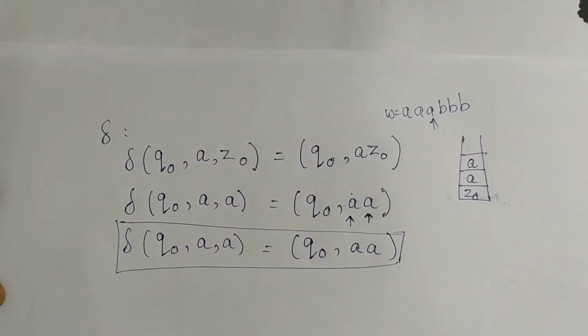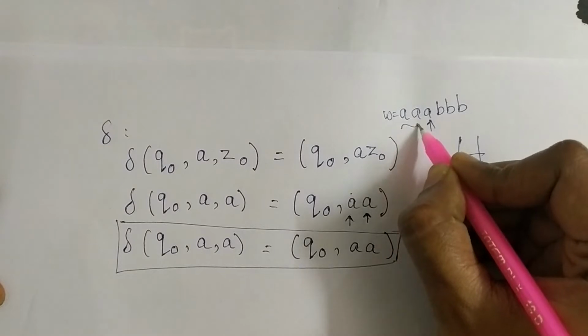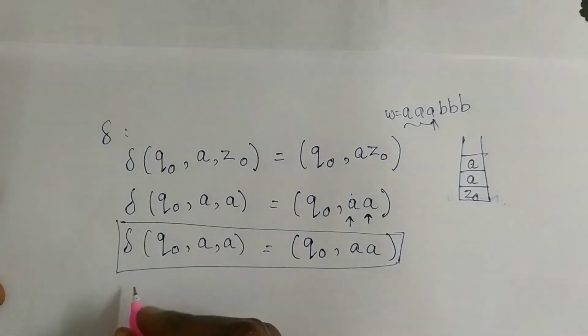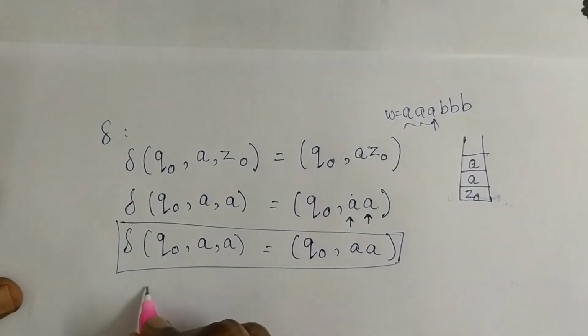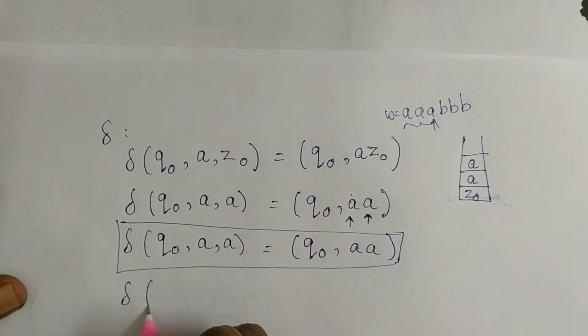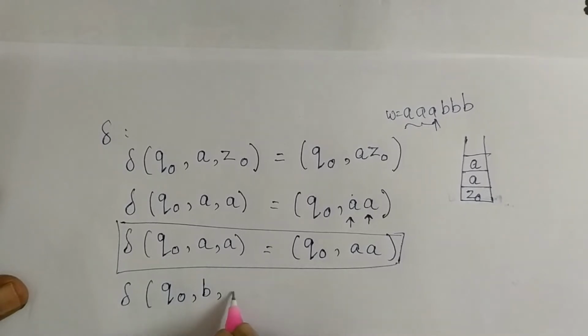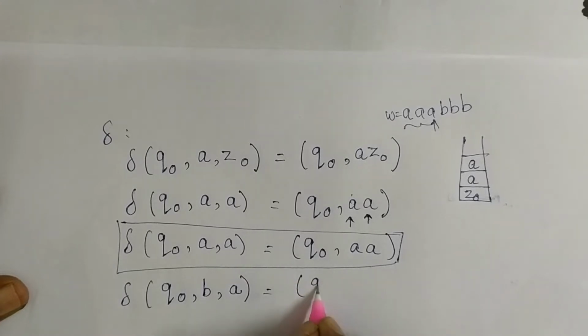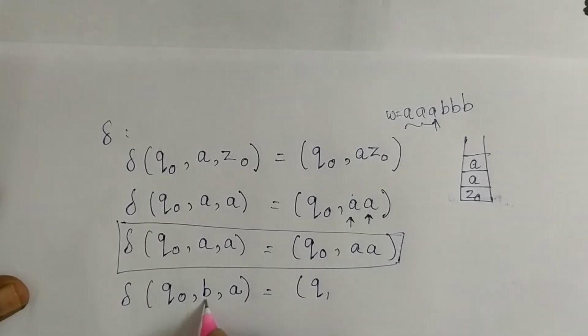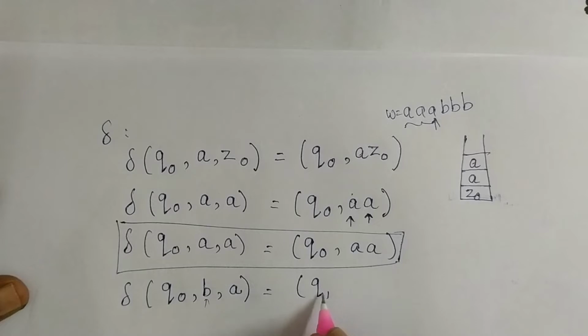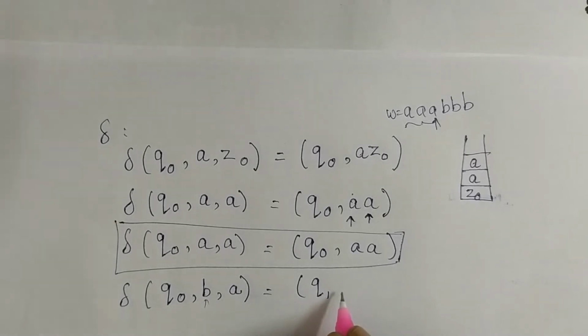After reading all the symbols A, it moves on to the next state. When it is in Q0, while reading the symbol B, and the top of the stack is A, it goes to the state Q1.